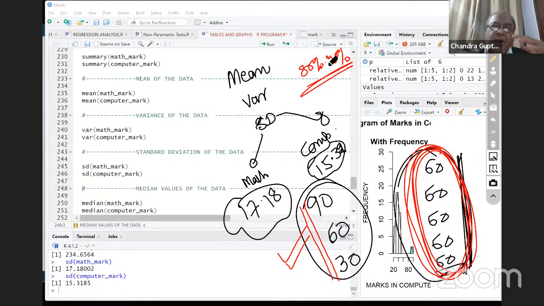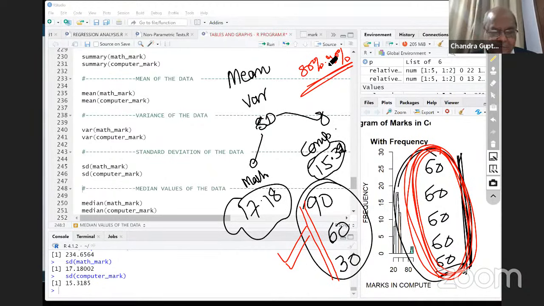So if you find a lot of variation in the prices, is it good or bad? Kavita, in that case, what do you say? Variation is bad, because variation is also understood as a risk. More variation, more risk, and that's why it is not desirable.